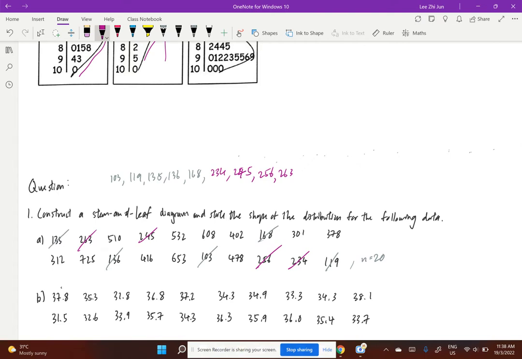Okay, I think the 200s are finished, so we go to the 300s. So we have 301, 312, and 378. So I think the 300s are finished, so we go to the 400s. So we have 402, 416, and 478.